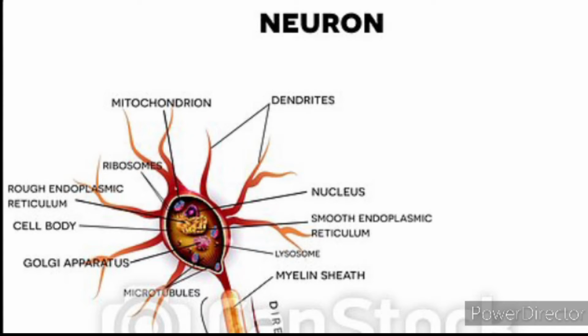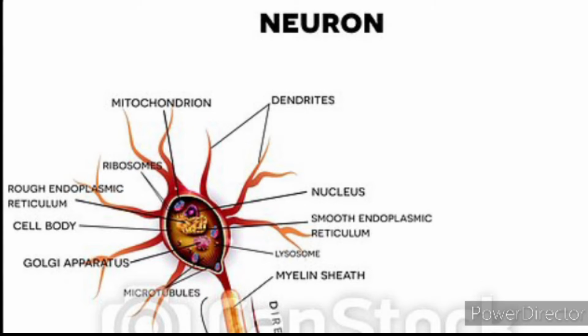It contains small granules which are known as Nissl granules, and neurofibrils are present there. Along with that, it contains cell organelles like mitochondria, Golgi apparatus, endoplasmic reticulum. There are small filaments, microfilaments, and microtubules also present in the cytoplasm.